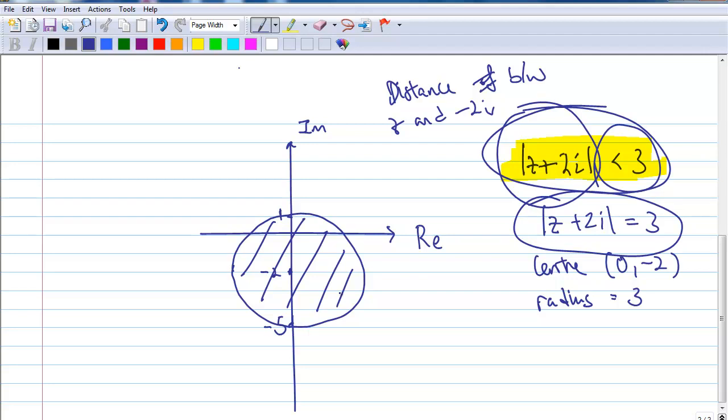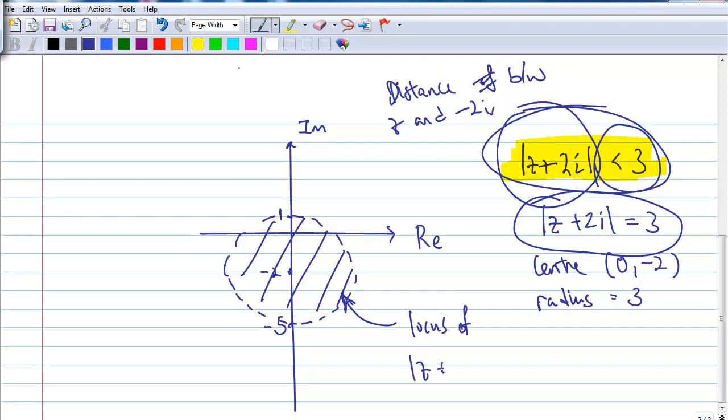So that means, okay, I will have to draw broken lines instead of a full circle. Okay, let me do that now. Okay, remember, I only want points inside the circle. So this is the locus of mod z plus 2i less than 3.